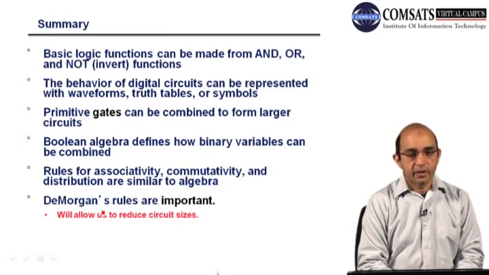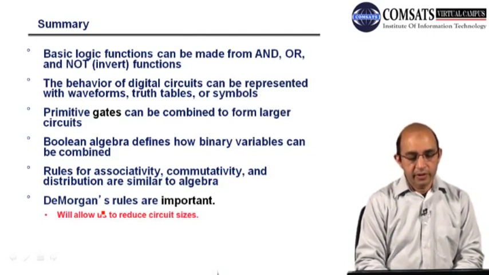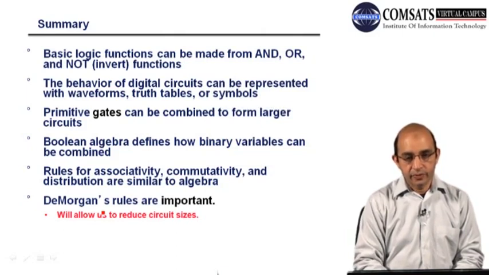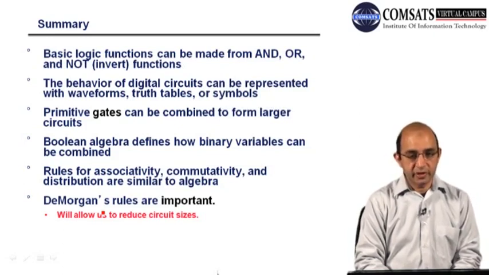We can represent a Boolean expression or a digital circuit by using a truth table, right? You can also use waveforms. You can also use a Boolean expression to represent a digital circuit, right? And then we discussed different laws regarding Boolean algebra, and we also talked about different properties: associative property, commutative property, and the distributive property.